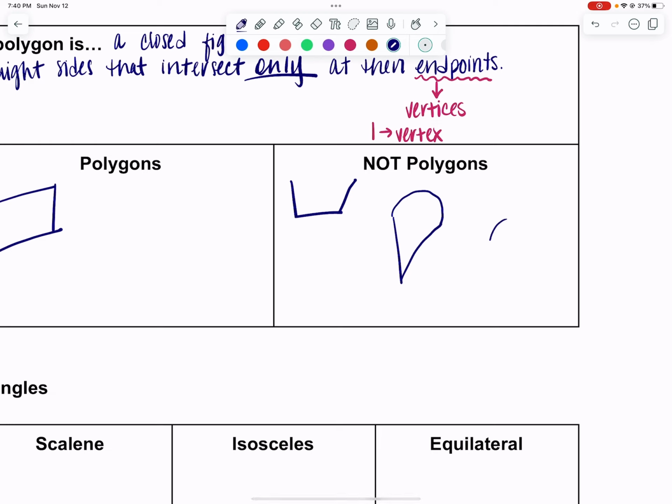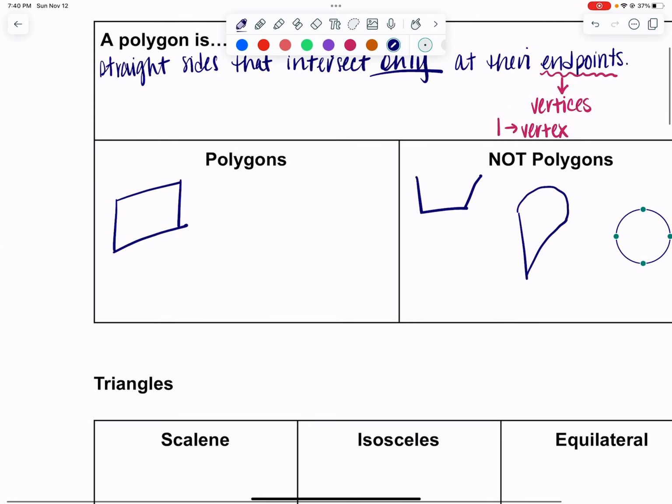Or it could be a circle. That's a closed figure, but it doesn't have straight sides, so it is not a polygon. Another example of a polygon would be the one with the least possible number of sides. A triangle, you're all used to those.